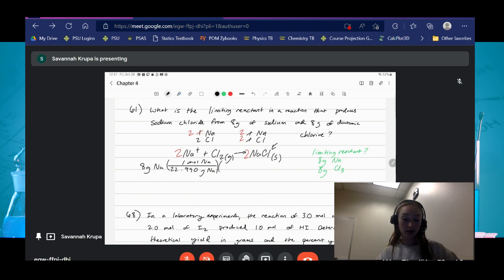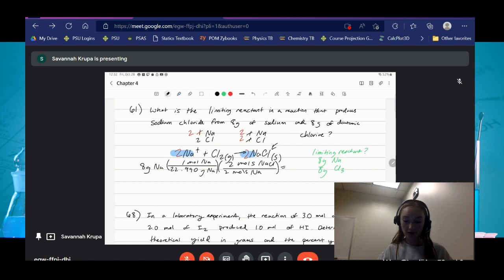And now that we're in moles of sodium, we can use the mole ratio from how much we have of sodium and how much it produces of sodium chloride. In our reaction we have 2 here and 2 here, so our mole ratio is just 2 to 2, 1 to 1. So we start with 2 moles of sodium down here to cancel it out, and that's going to give us 2 moles of sodium chloride.